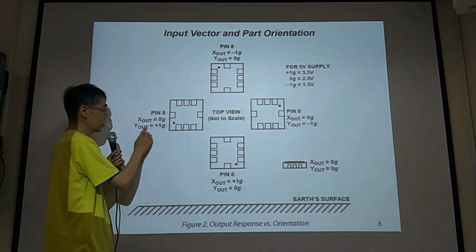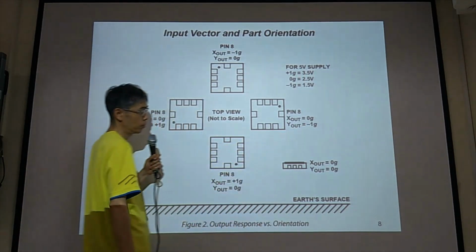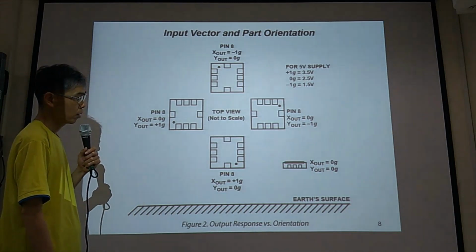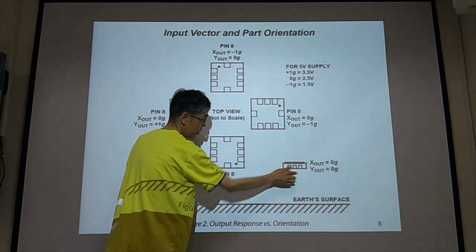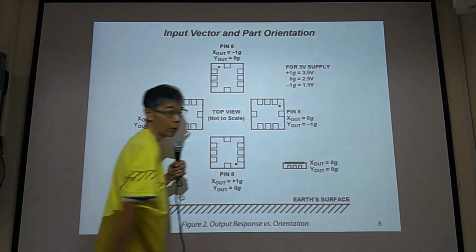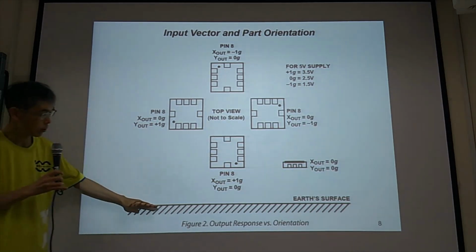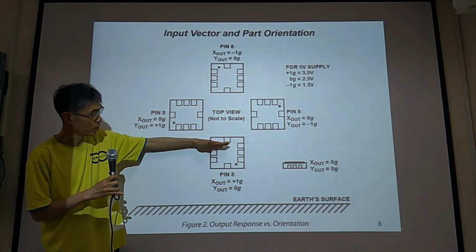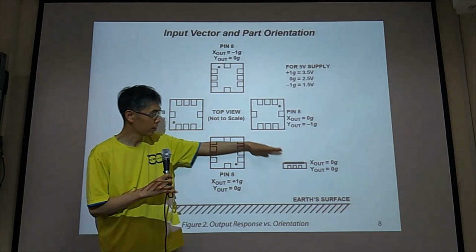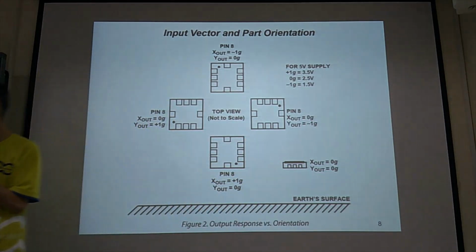And this orientation, Y out plus 1G, Y out minus 1G. And if you put it this way, then there's no output. X out, Y out are 0G. So, okay, this is the Earth. So, this way, this way, this way, this way. If you put it this way, like this, then there's no X and Y accelerations.